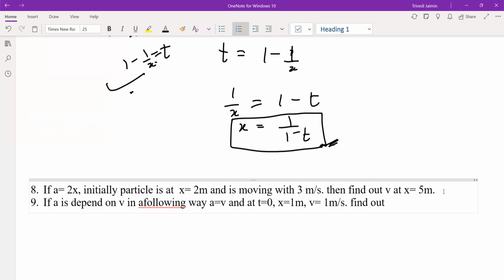Find out its velocity at t equals 2. Then the next part: find out its velocity at x equals 3 meters.